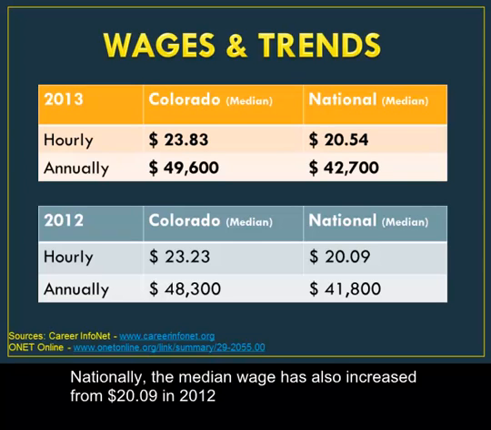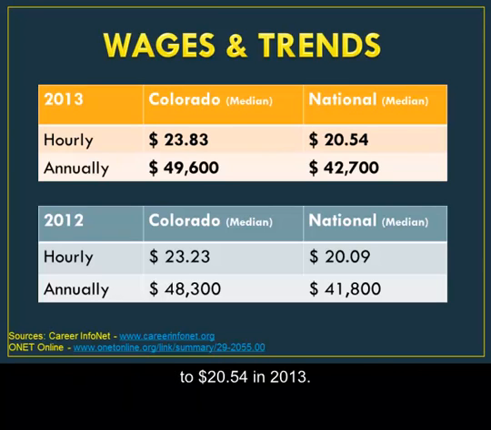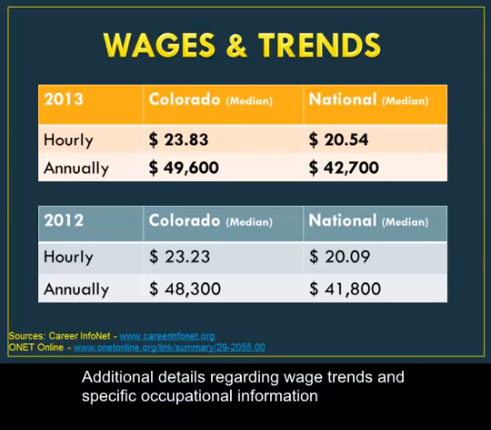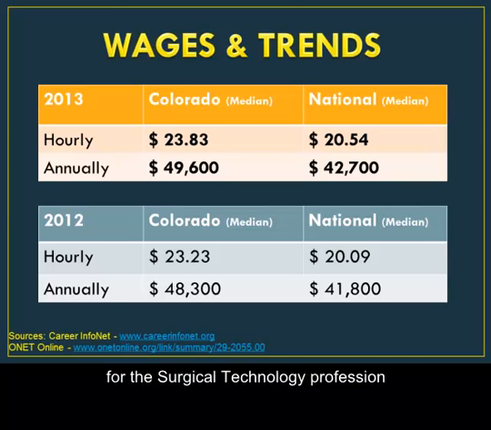Nationally, the median wage has also increased from $20.09 in 2012 to $20.54 in 2013. Additional details regarding wage trends and specific occupational information for the surgical technology profession can be found at www.onetonline.org.